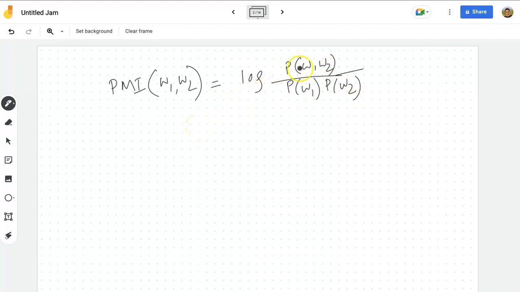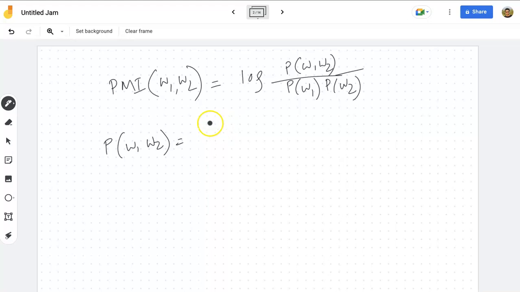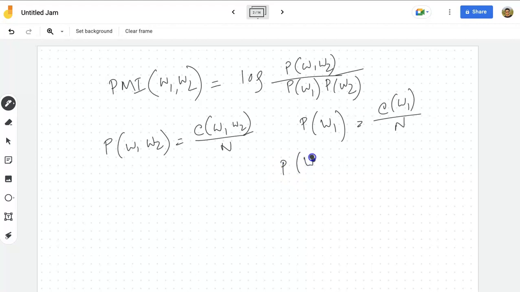Now each of these individual terms you can get. What is the probability of W1 W2? The counts are given, and the total number n is given. This is the count of W1 W2, how many times W1 and W2 occur together, over the total number of words in the vocabulary. Similarly, P(W1) is count of W1 over n, and P(W2) is count of W2 over n.